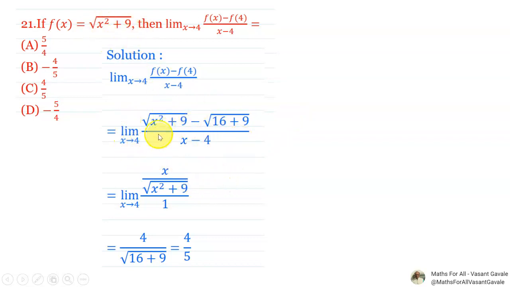Limit x tends to 4 in root of x square plus 9 minus in root of 16 plus 9 upon x minus 4. We will differentiate, x upon in root of x square plus 9, the derivative of x will be 1. Okay, as x tends to 4, then you will get here 4 upon in root of 16 plus 9, that is root of 25, then you will get here 5, that is 4 by 5. Okay, therefore the option C is correct here.